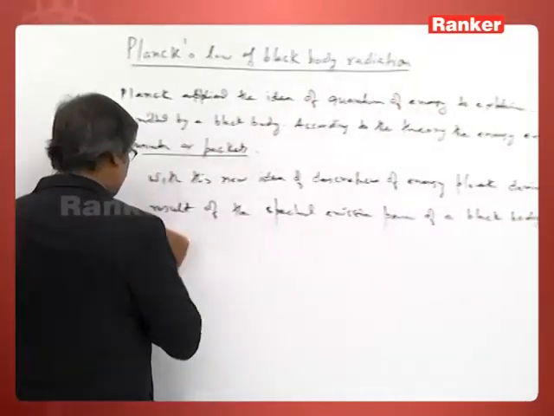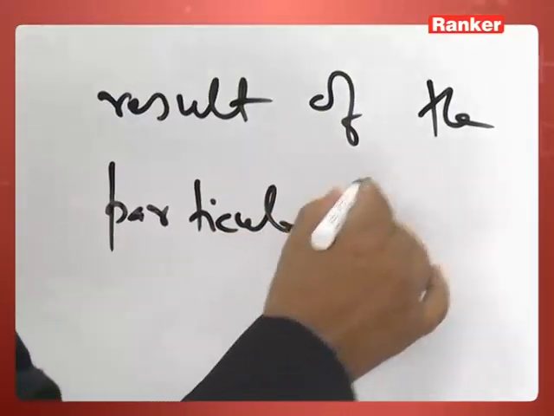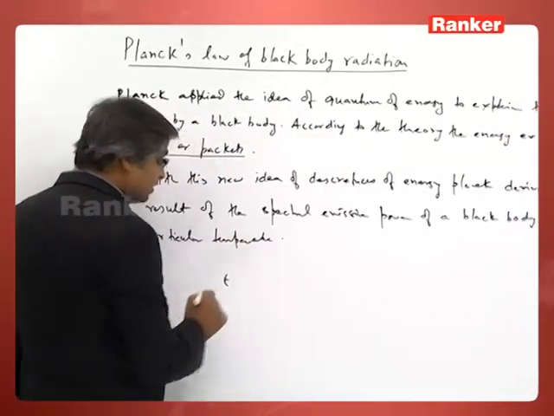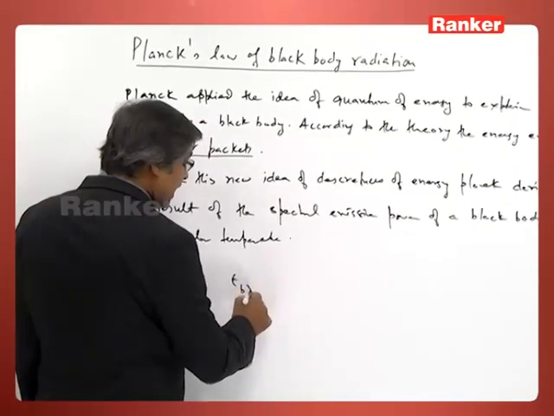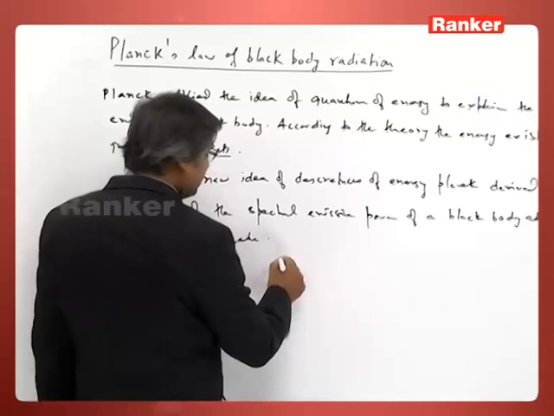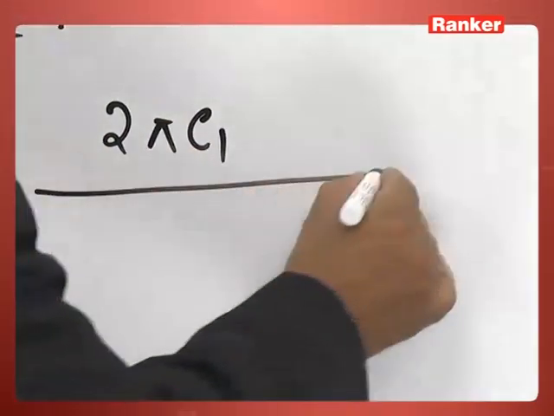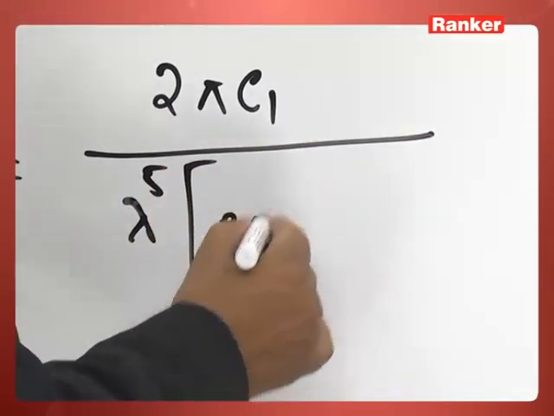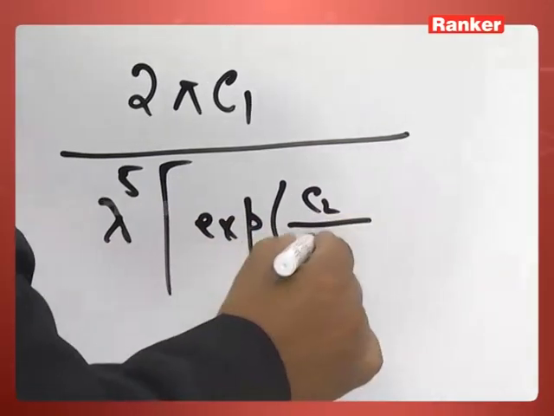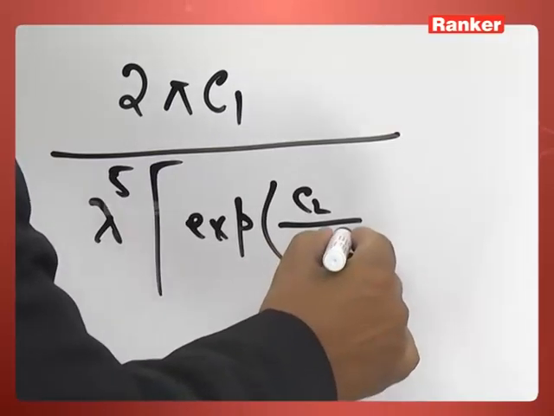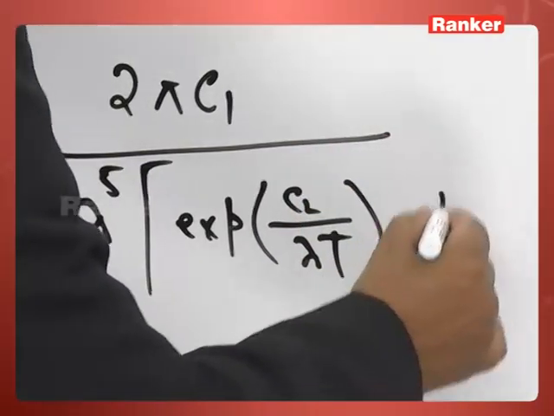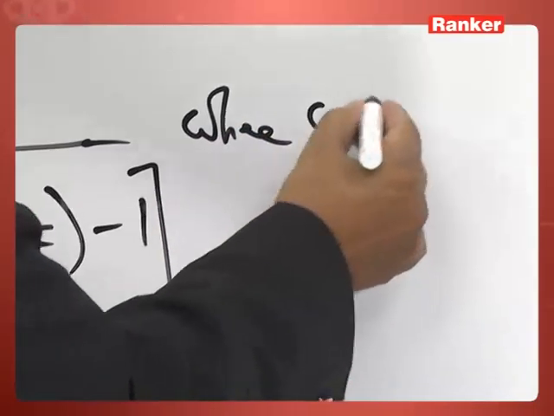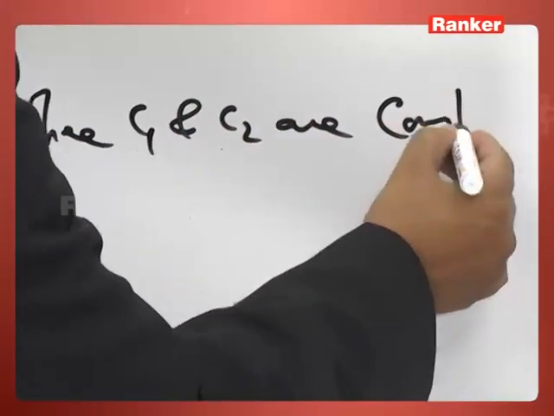at a particular temperature. So, according to the theory, the emissive power of a black body at a particular wavelength is 2 pi C1 by lambda to the power 5, then exponential, that is e to the power C2 by lambda T, the temperature, minus 1, where C1 and C2 are constants.